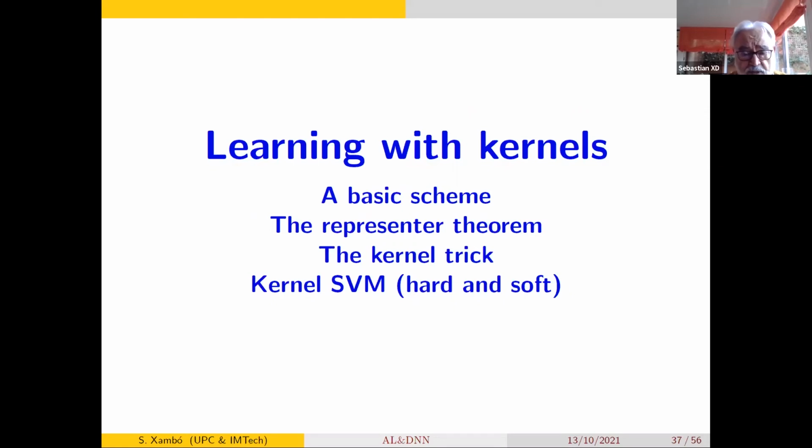So for learning with kernels, there will be a basic scheme which will reproduce that graphics at the beginning. We are going to prove the Representer Theorem. We are going to explain in detail what the kernel trick is. And then we are going to apply this kernel trick to the kernel support vector machines, both hard, which I already explained last week, and soft, which I will explain today.